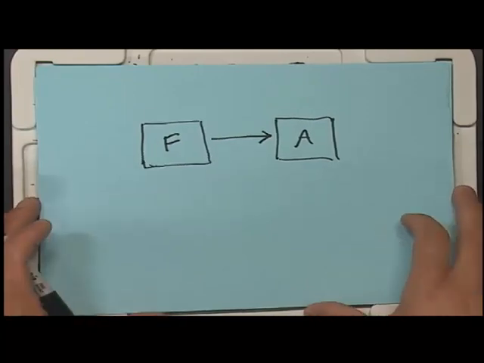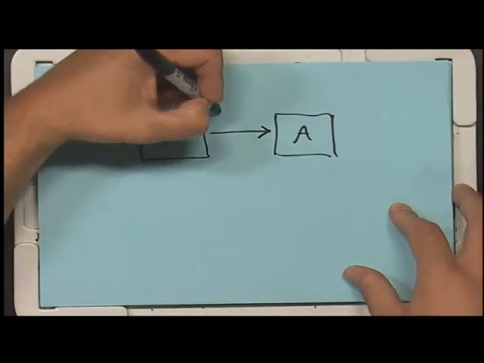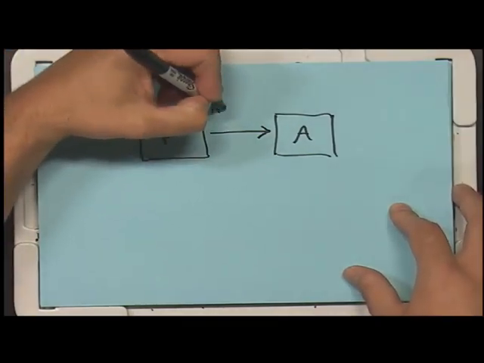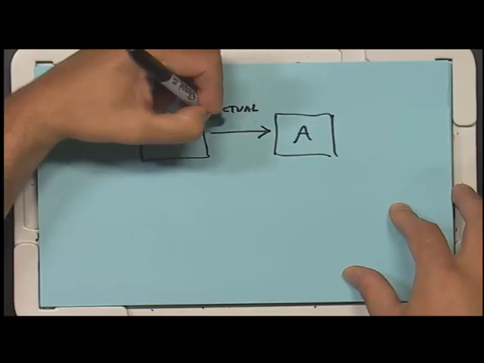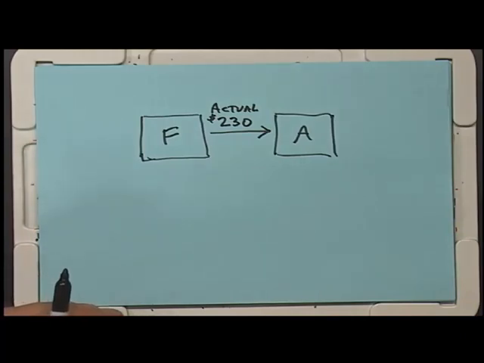The first cost is how much the parts actually cost to fabricate. So that's the actual cost, and that's $230. But there's another cost that's useful to consider, which is the standard cost, how much it should have cost to make these parts according to the performance standards in the budget.